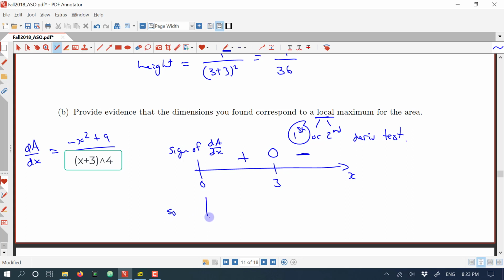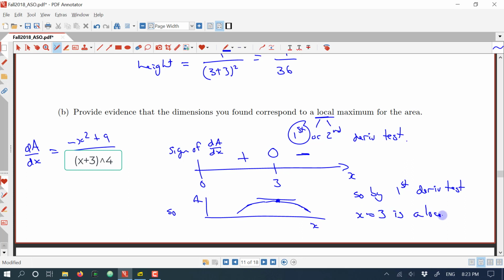So the graph of A against x is going to be increasing until it hits 3 and then decreasing. So by the first derivative test, x equals 3 is a local max for the area. And that's it.